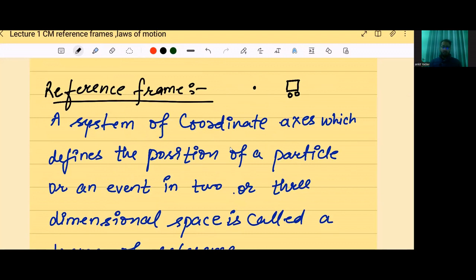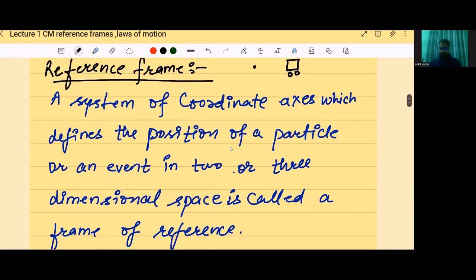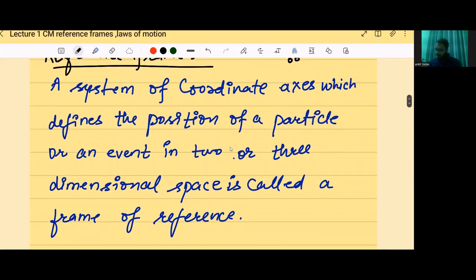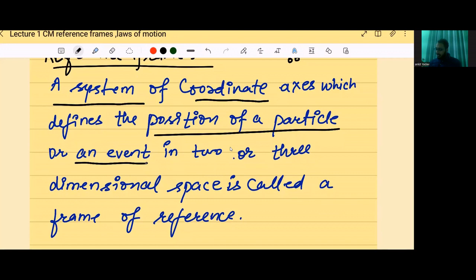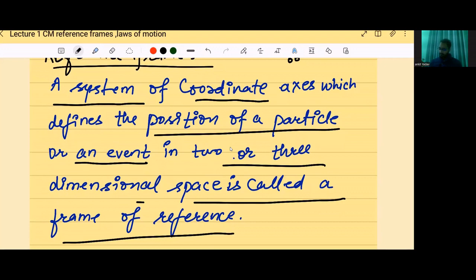So it is very important to define the reference frame. So what is a reference frame? A system of coordinate axes which defines the position of a particle or an event in 2 or 3 dimensional space is called a frame of reference.